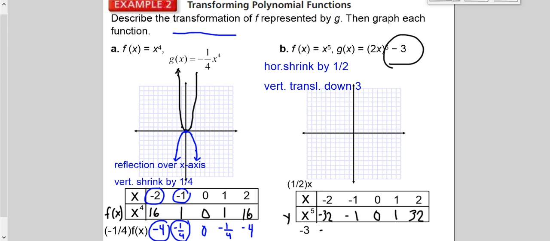Right, figure those out. Here we go. Multiplying by 1/2: 1/2 of -2, 1/2 of this, 1/2 of this, and 1/2 of this.